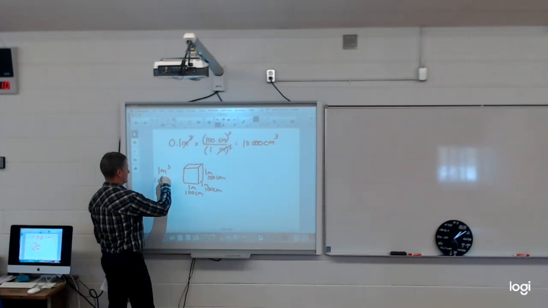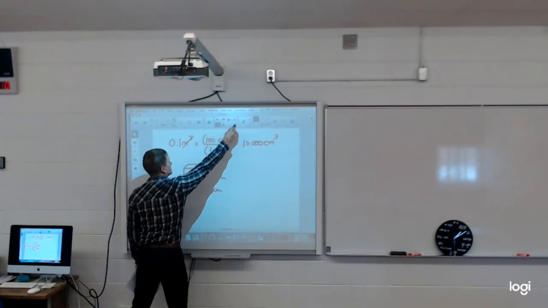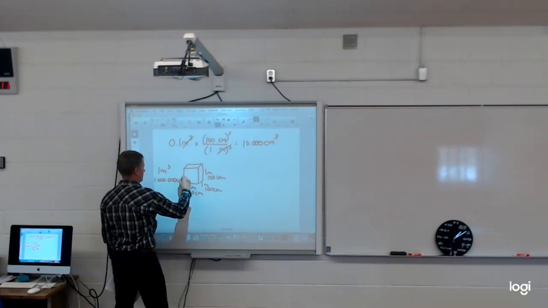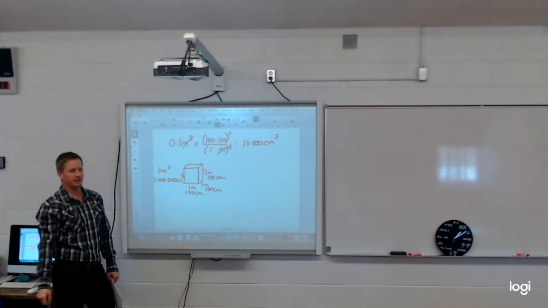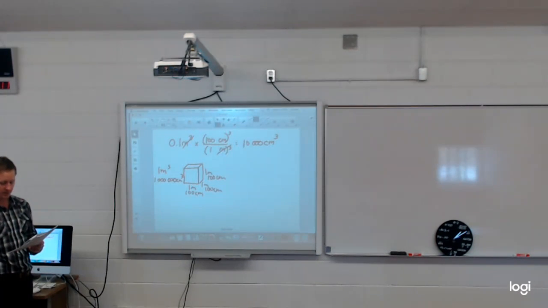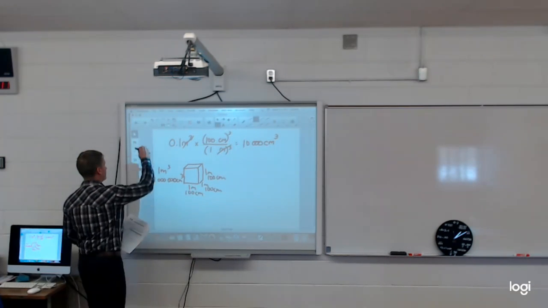So that is 1,000,000 centimeters cubed. So you could convert using that ratio, which is given to you on that page there. Okay. So will the modeling clay fit into the container? 500 centimeters cubed fit into 10,000 centimeters cubed? Yes. Obviously, yeah.